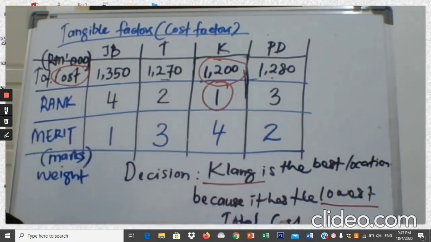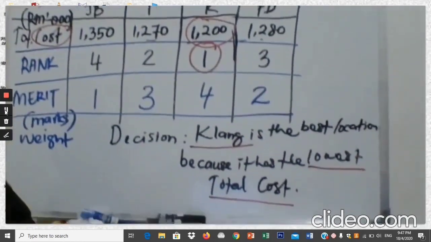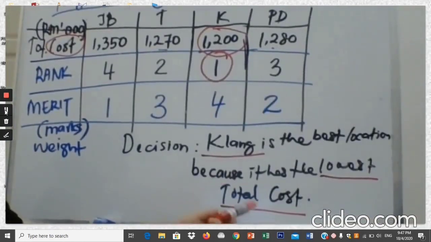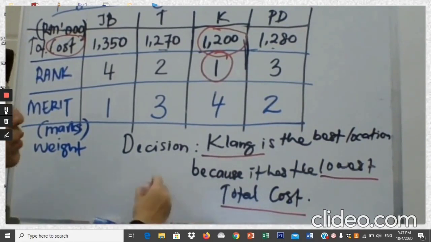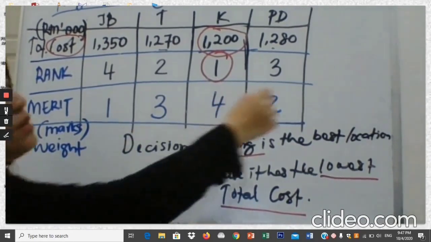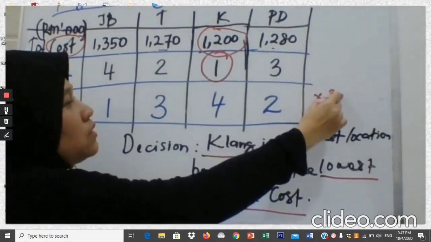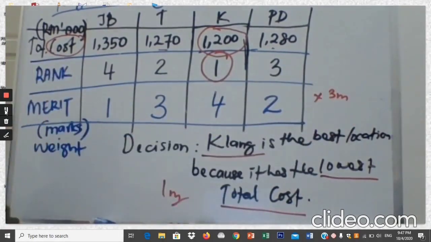So your decision will be Klang is the best location because it has the lowest total cost. By mentioning the location together with the reason, normally you will be given 1 mark for this. 1 mark only for the decision. This will be about 3 to 4 marks. Okay, so that's all.